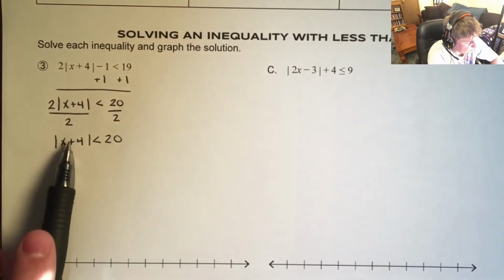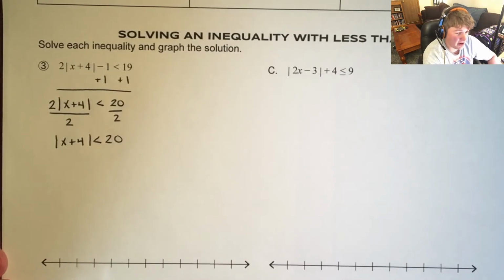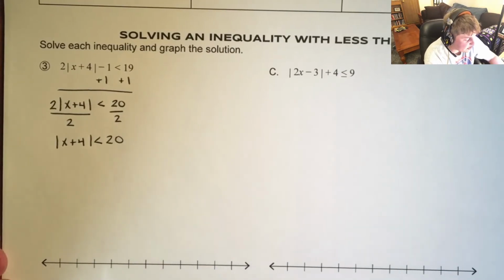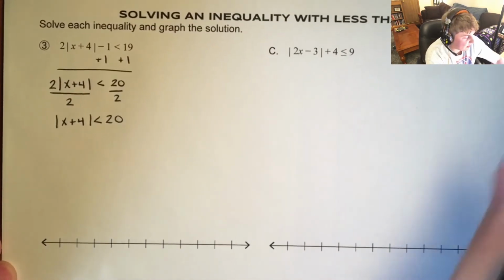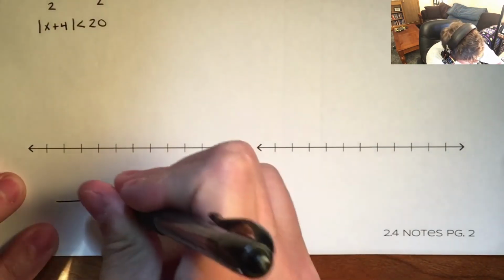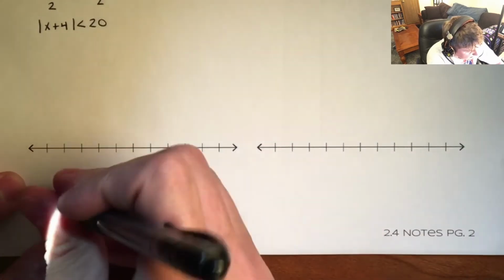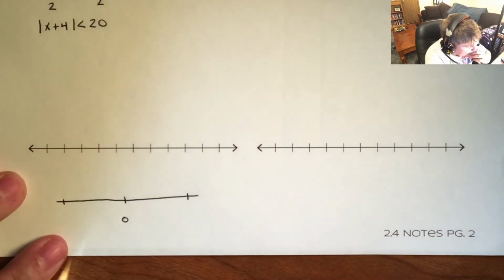Okay, so when I'm taking this absolute value here, I know it's going to be a positive number. I know it's going to be less than 20 as well. So if we just think about our number line here, and as a matter of fact, I might just sketch one down here. I know that my answer is going to be less than 20 when I graph this, right?